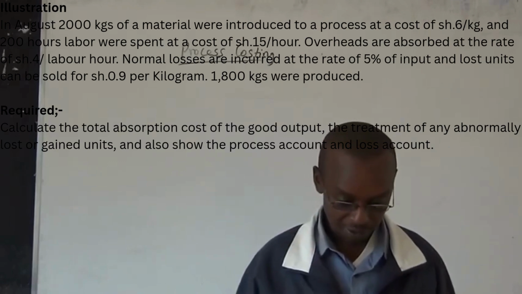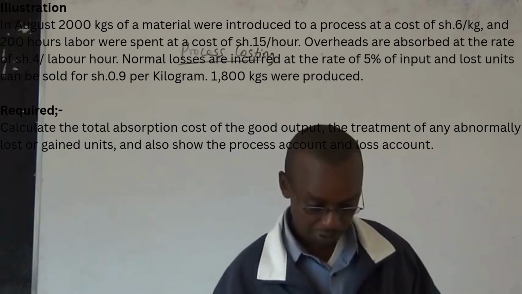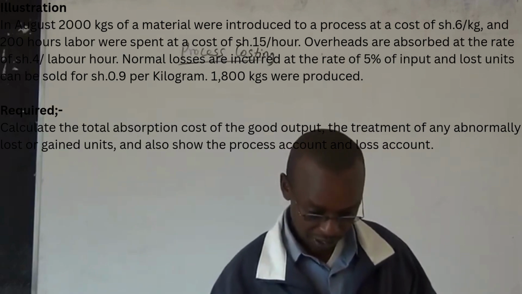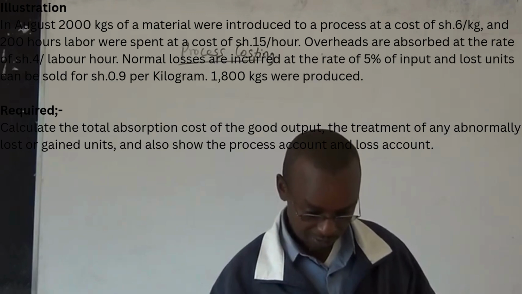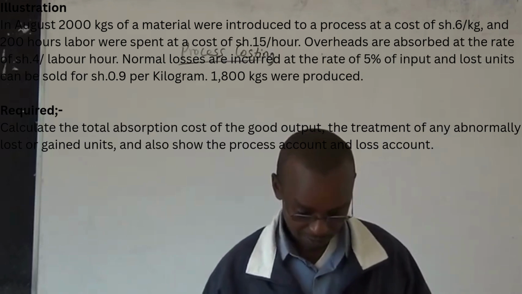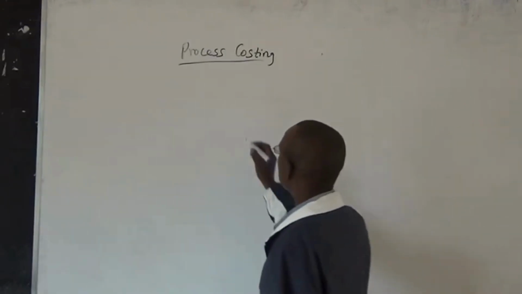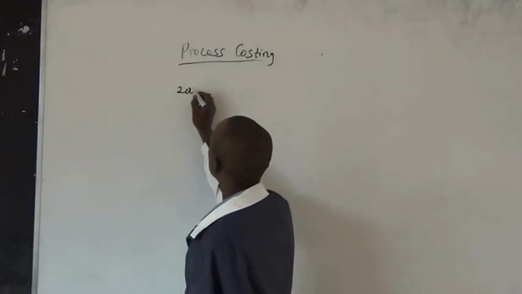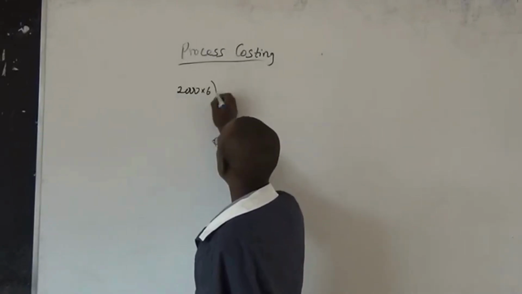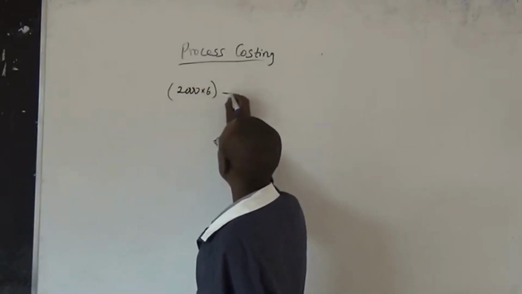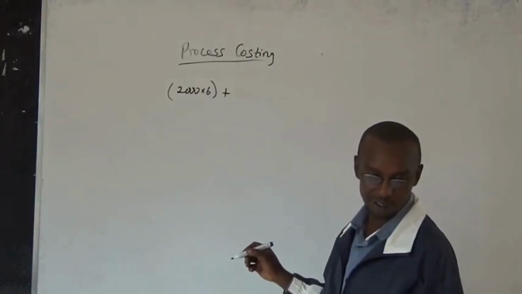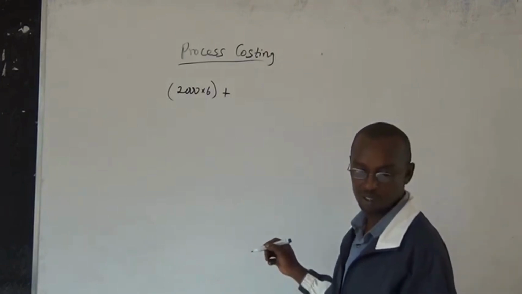That's the scale for normal loss. So the input costs, what do you reckon? 2,000 units at how much? 2,000 units at 6 shillings. Plus what? 200 hours at 15 shillings per hour.